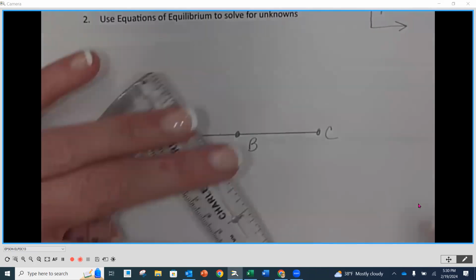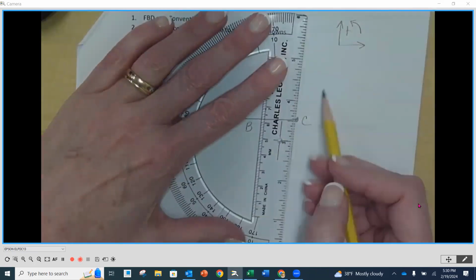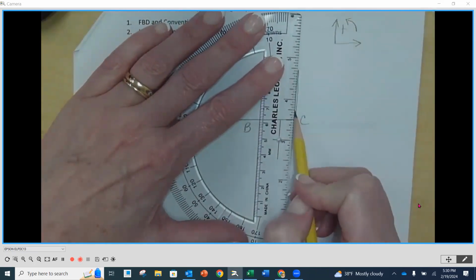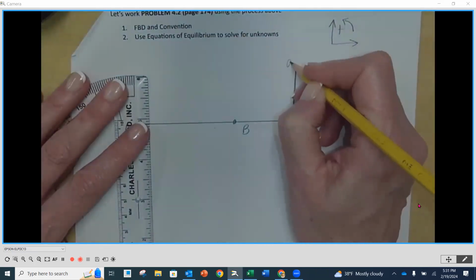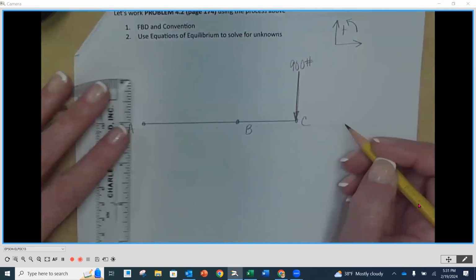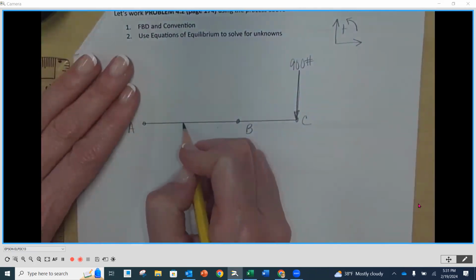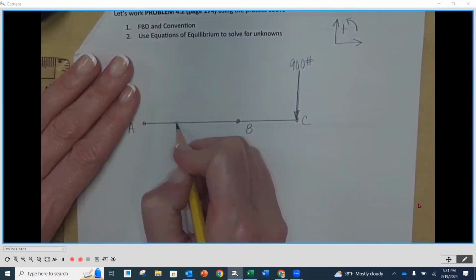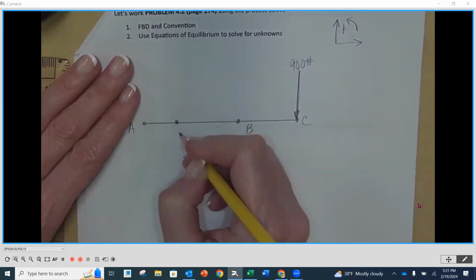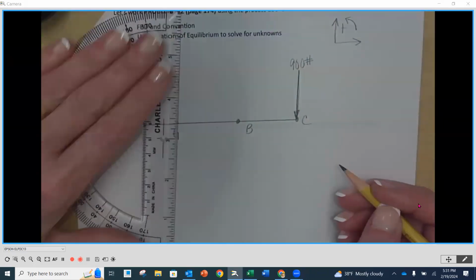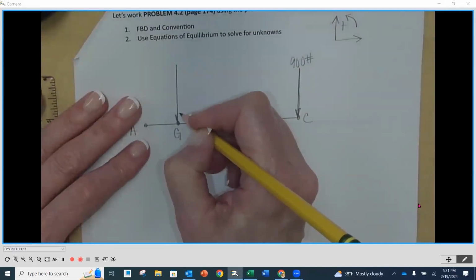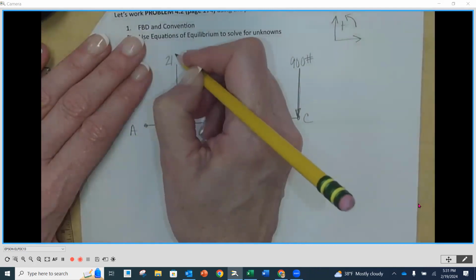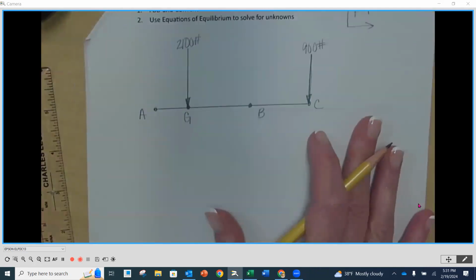I'm going to start with my 900 pounds at C. And then at G, right about here, we're going to put 2,100 pounds. I'm just going to have it going up. Whether you put it at the top of the line or the bottom of the line doesn't really matter.